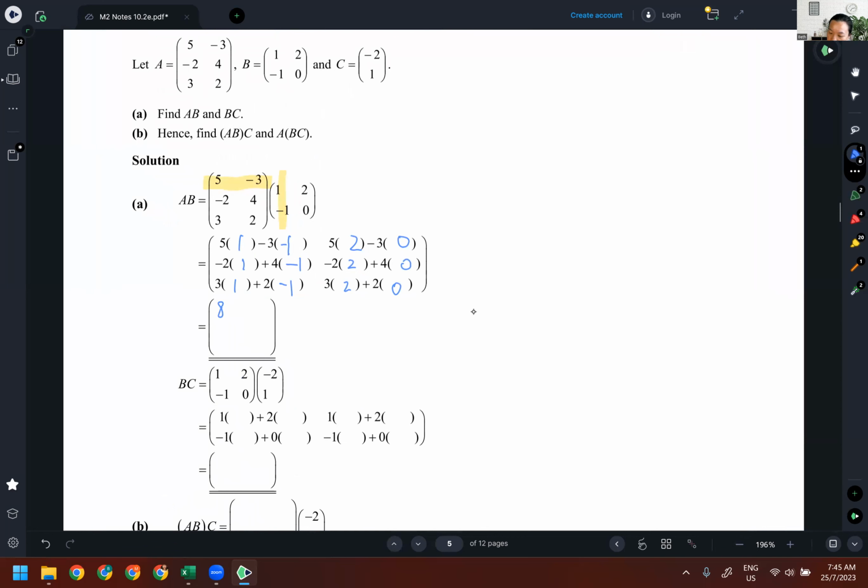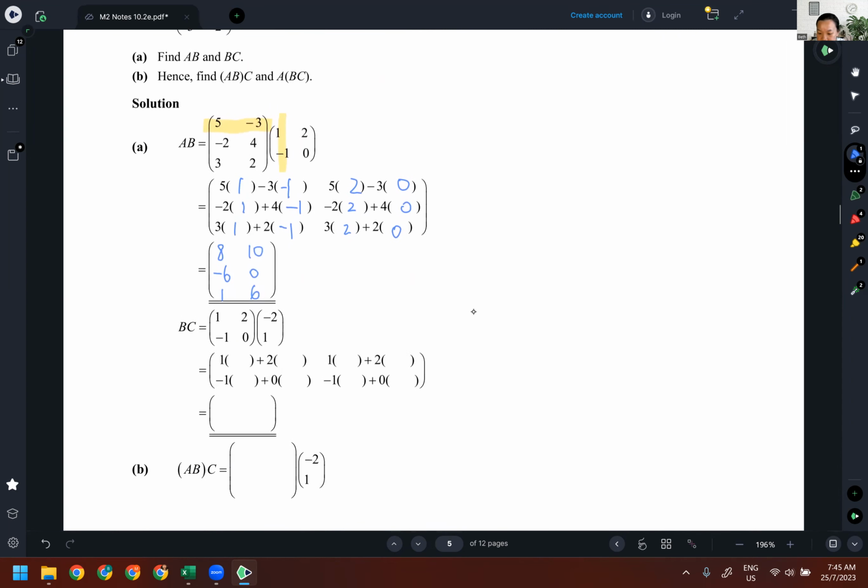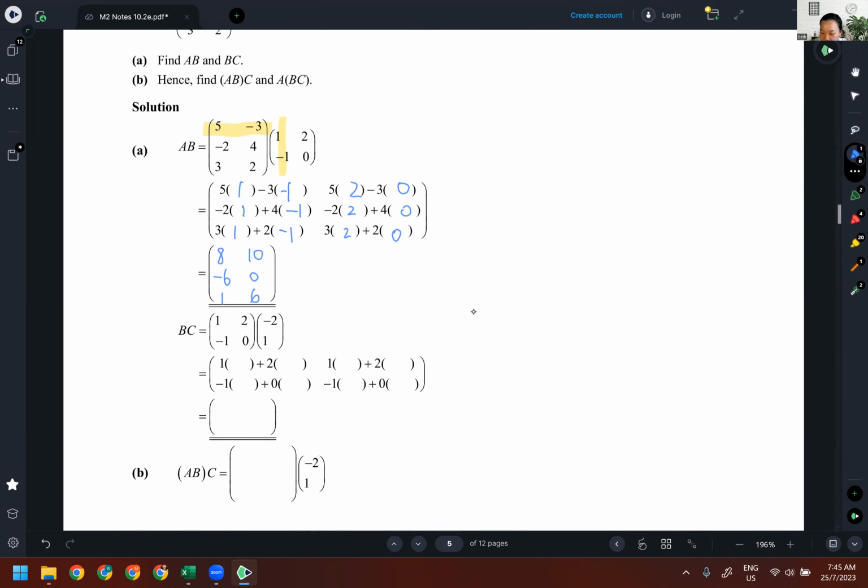It's 8. Okay. Another multiplication, B and C. You shouldn't have this. It's only one column.